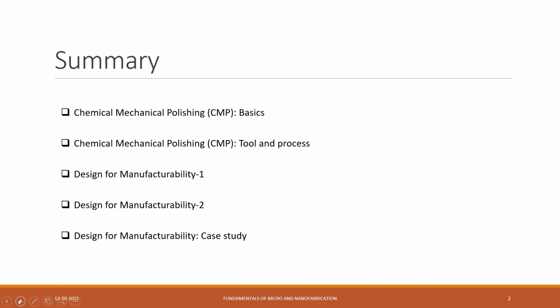The first video is a theoretical primer of how chemical mechanical polishing works. The second video is mostly on the technical stuff, the tools and the processes involved in chemical mechanical polishing, and the pipeline the wafer goes through for the polishing applications.